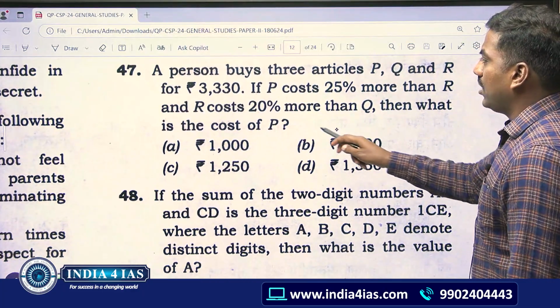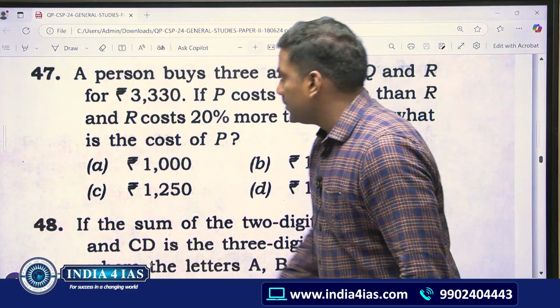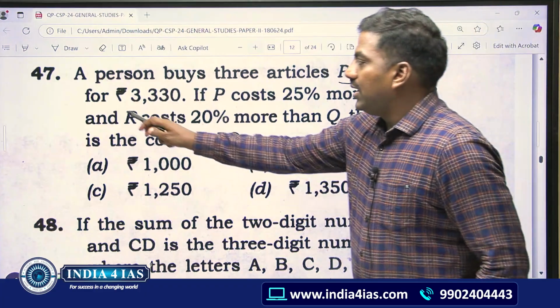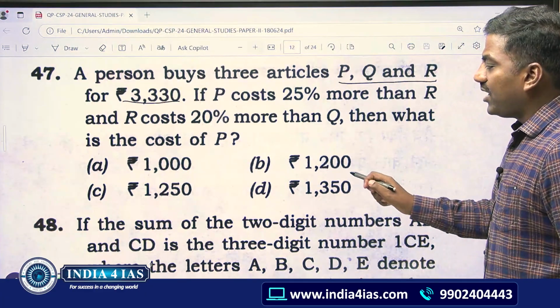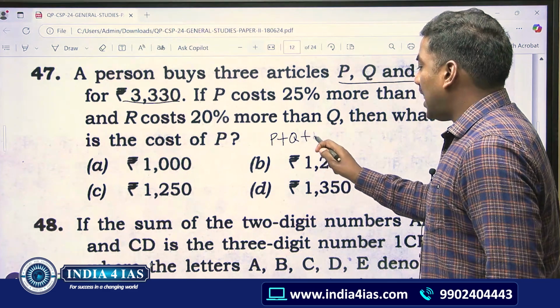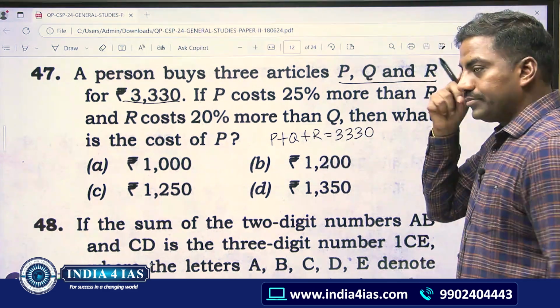Question number 47. A person buys 3 articles P, Q, R for rupees 3,330. So straight away you can write an equation: P plus Q plus R is equal to 3,330.